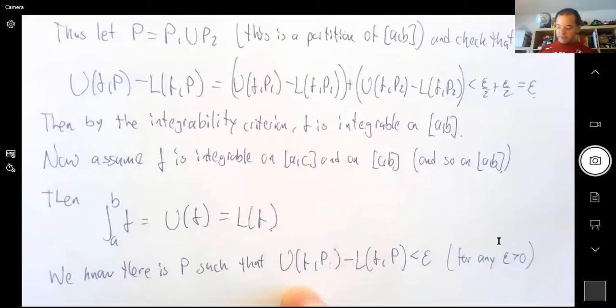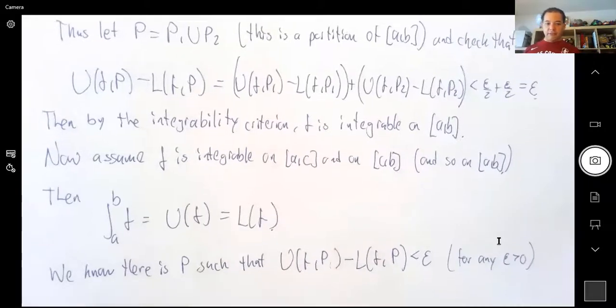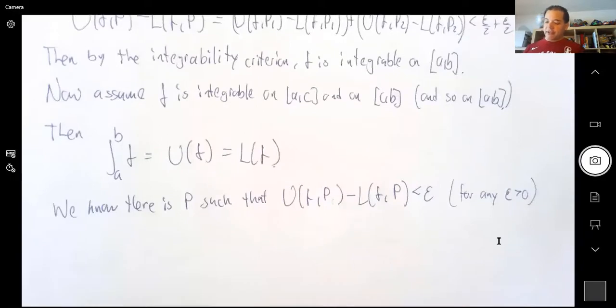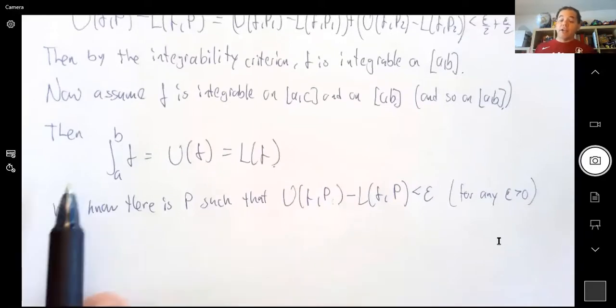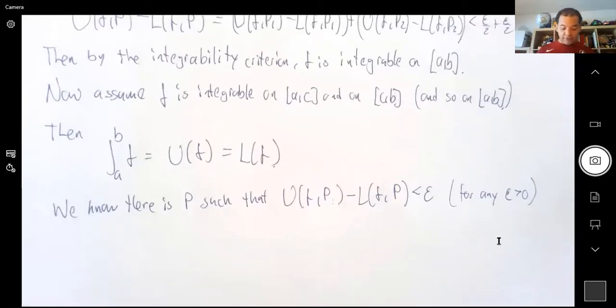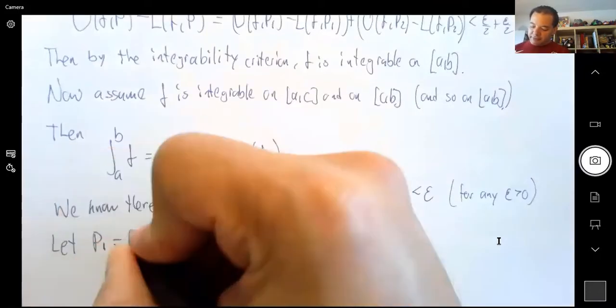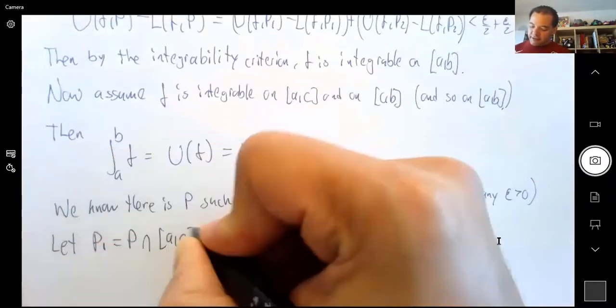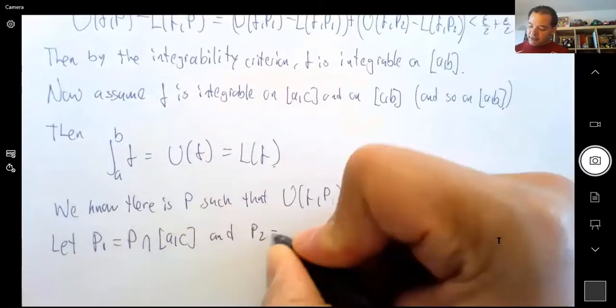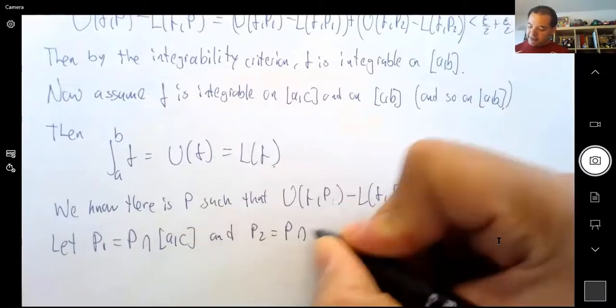So I'm going to pick an arbitrary epsilon and find the P that makes this happen. And then I'm going to try to calculate in the same way, how can I relate it to the integrals over the smaller intervals. So as usual, let P1 be P intersection AC, and P2 will be P intersection CB.